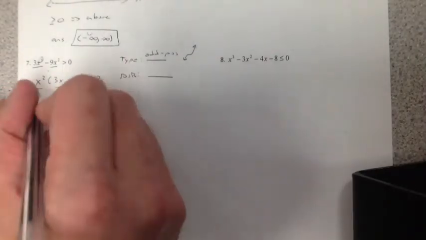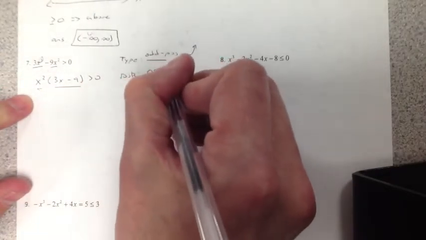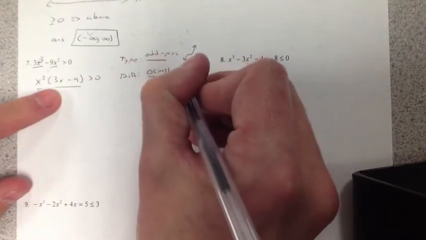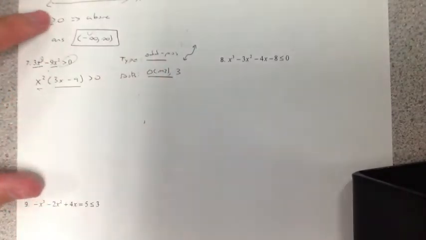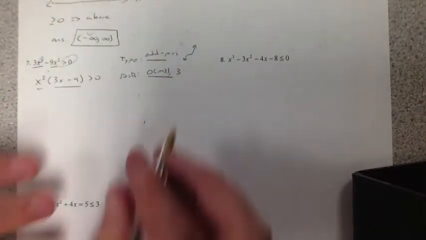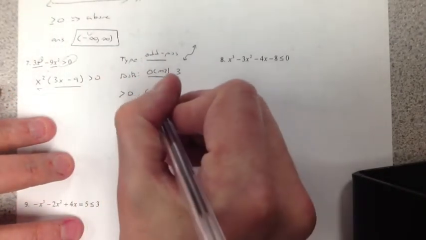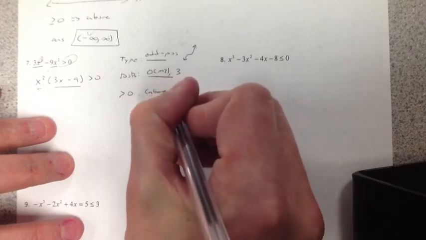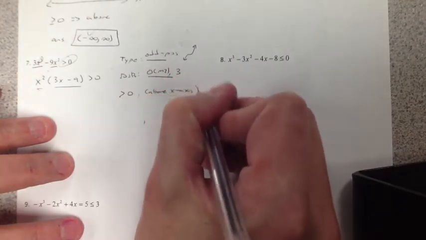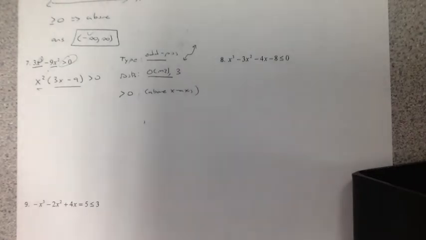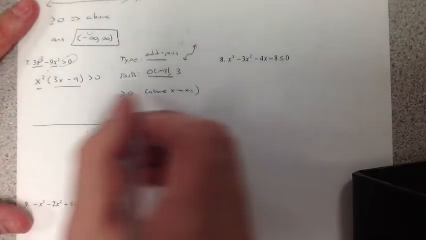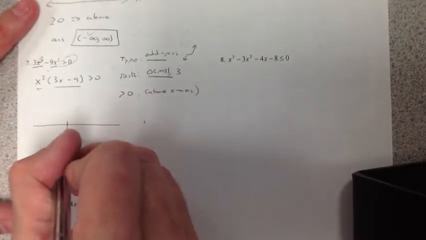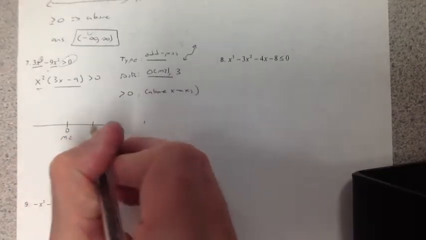We factored it. This is going to give me x equals 0, multiplicity 2, and this one's going to give me x equals 3. I want to find out where this graph is above the x-axis, so greater than 0. If I sketch it out, we have 0, multiplicity 2, and we have 3.